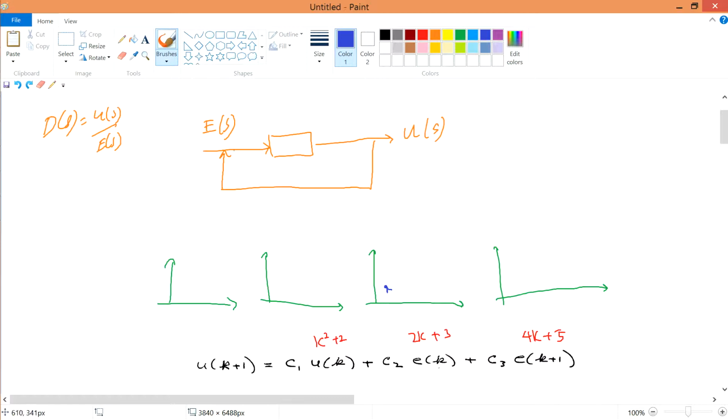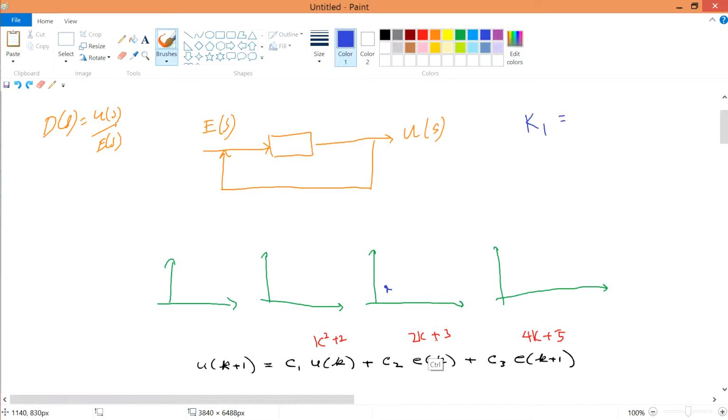This first signal input I will call K1. This is the first input into the system, and maybe this is like 5, for example. So 5 times 2 is 10, plus 3 is 13. So this point will be plotted into the system over here.